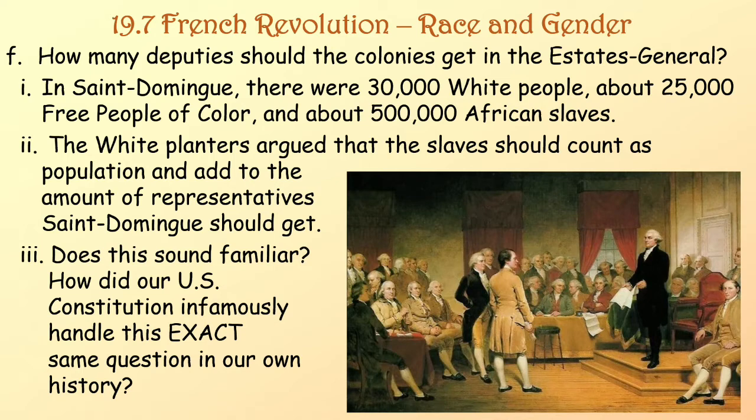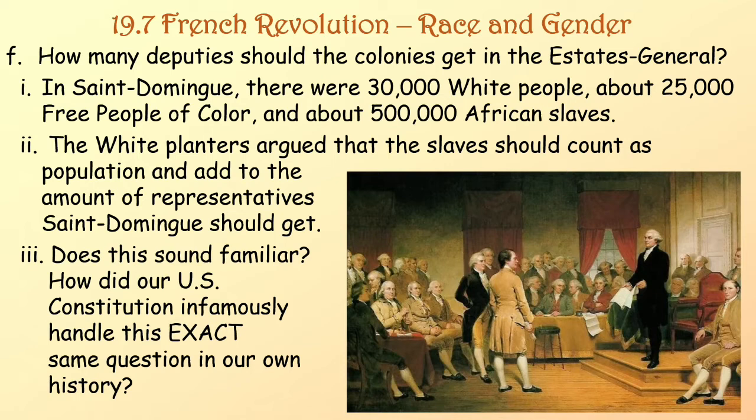How many deputies should the colonies get in the Estates General? In Saint-Domingue, there were 30,000 white people, about 25,000 free people of color, and about 500,000 African slaves. The white planters argued that the slaves should count as population and add to the amount of representatives Saint-Domingue should get.